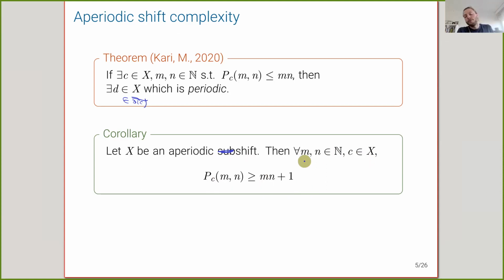Because, well, if it's not the case, then you have another configuration that is periodic and your shift is not aperiodic. So you have a very strong information on the complexity of the configurations of any aperiodic shift. You know that it should be bigger than mn+1.